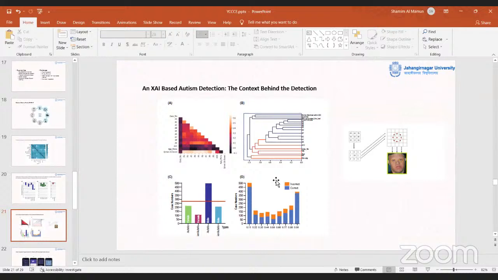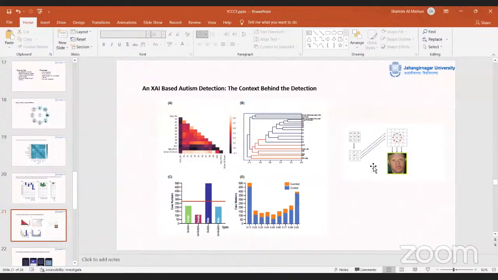So our researchers did some XAI based autism detection in this paper. I put some snapshots of our research on autism detection.